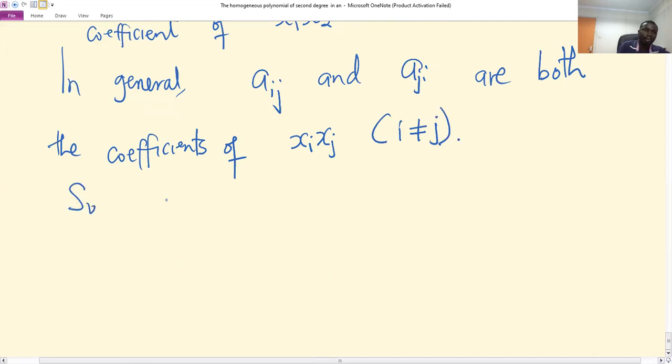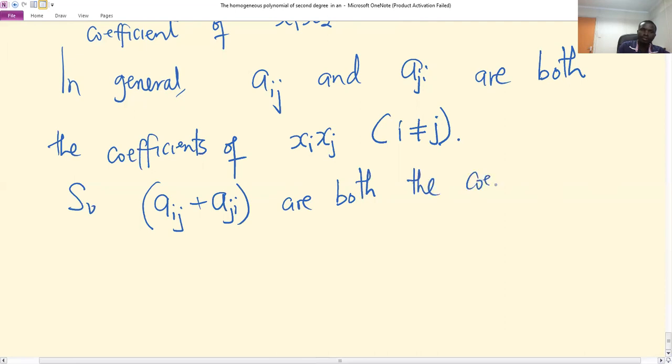So aij plus aji are both the coefficient of the element xi times xj.